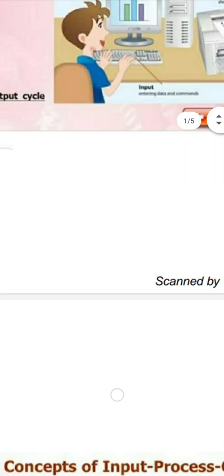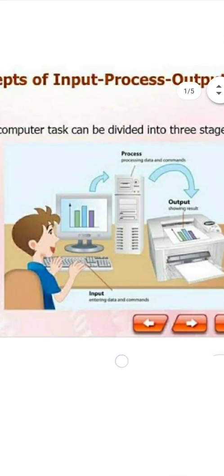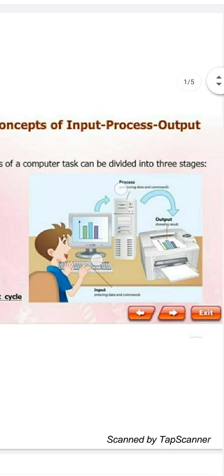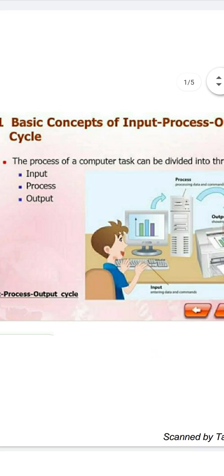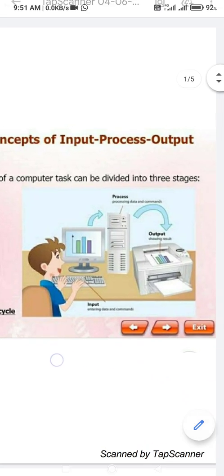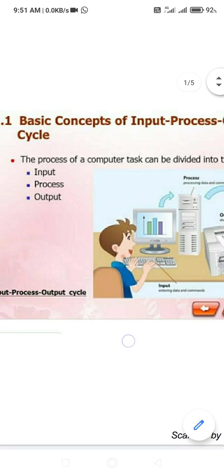See here, all of you. In this figure, every part is given. See here, monitor, CPU, and printer. And the boy sitting on the chair is what? He is a user. The process of a computer task can be divided into 3 stages. That is what?